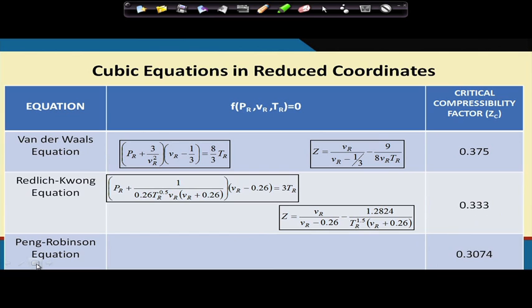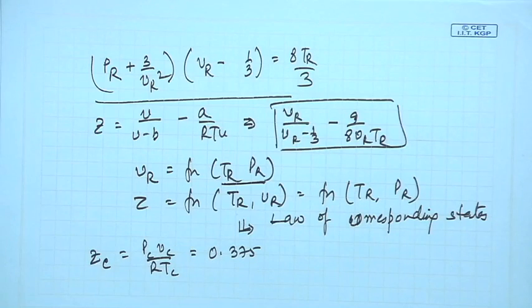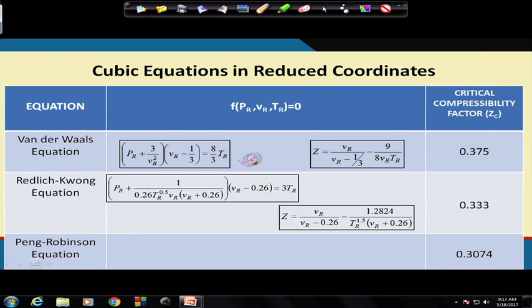And the way I have obtained and derived this particular equation can be done in an identical fashion for other cubic equations of state. Naturally, the more complex the equation is, the more complex the reduced version will also be, and the more difficult the deduction is going to be.